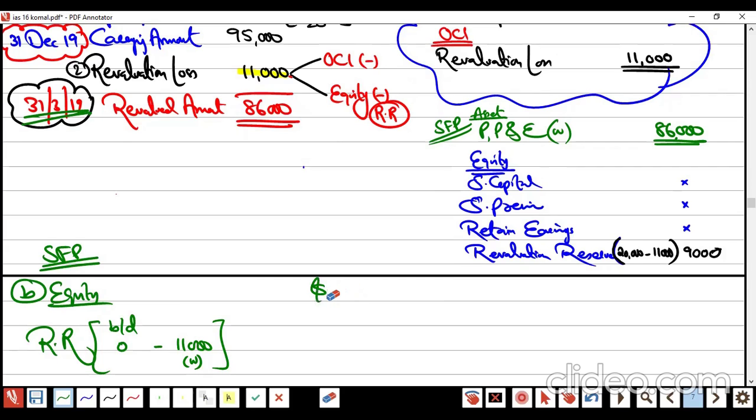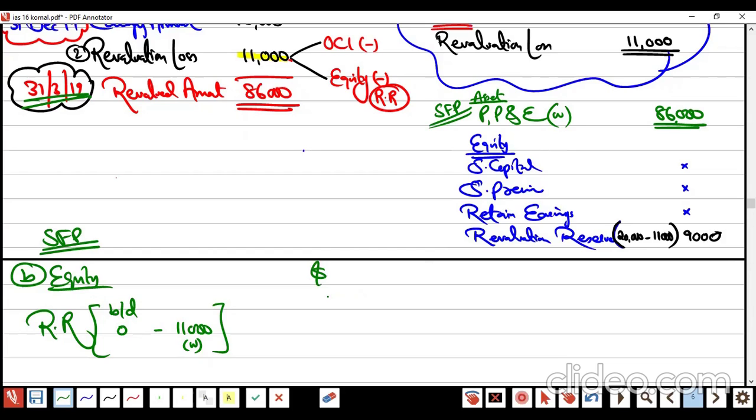SFP cannot have a minus figure. SFP has assets or it doesn't, liabilities or no, equity or no. Negative assets, negative liability, negative equity, not allowed, right or wrong.